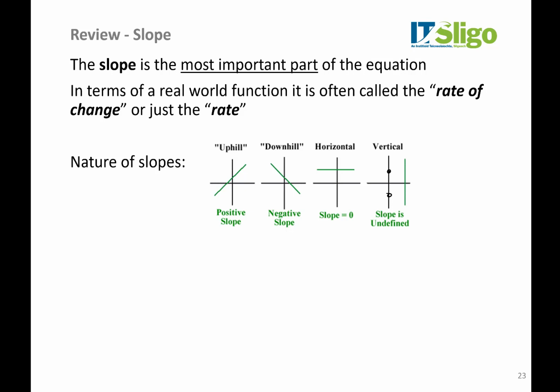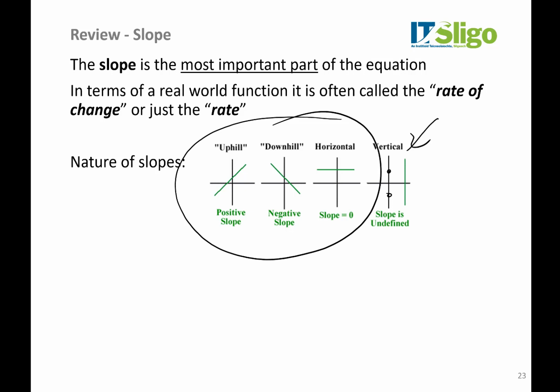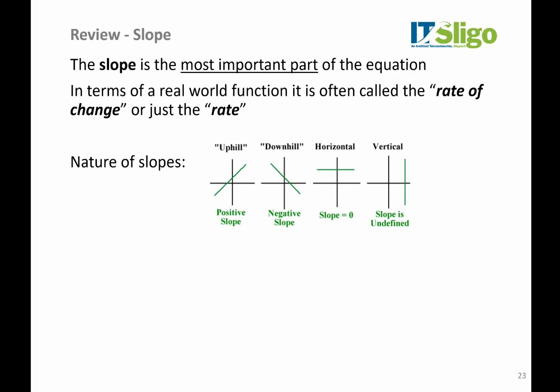So in this course, guys, we're definitely going to come across these 3 slopes. We generally don't come across these ones. The reason is that these are not a function. A vertical line, remember, has one input with, in this case, an infinite number of outputs.